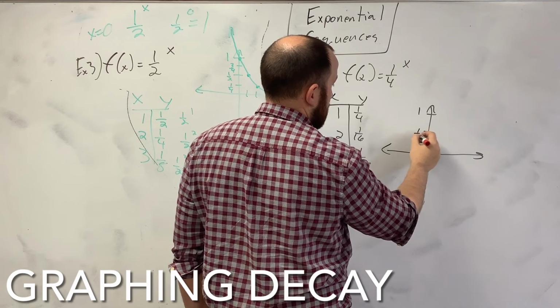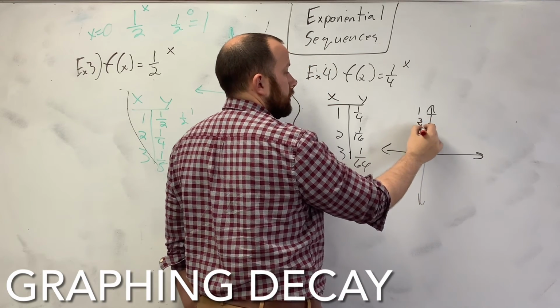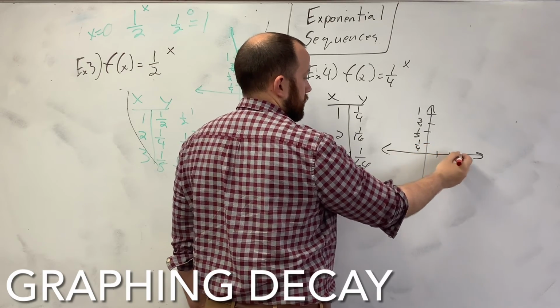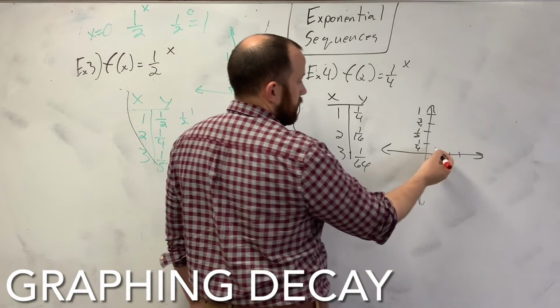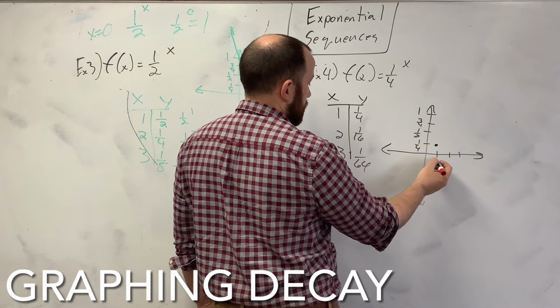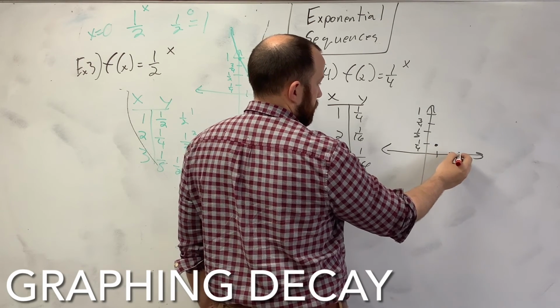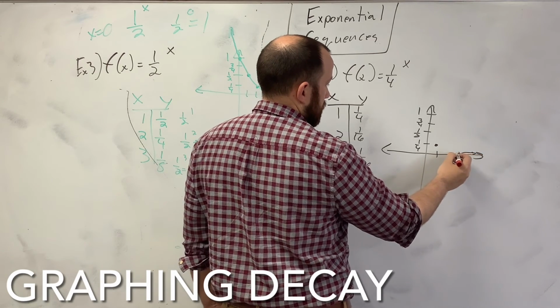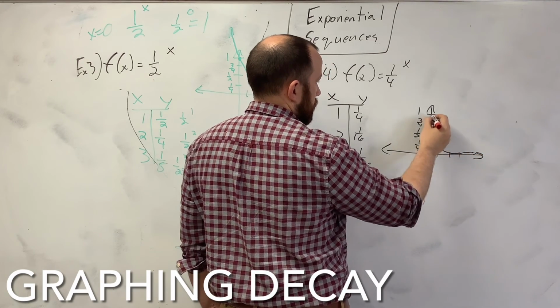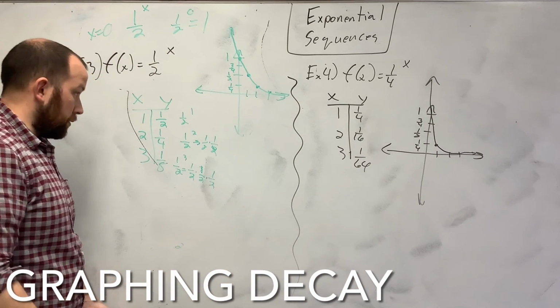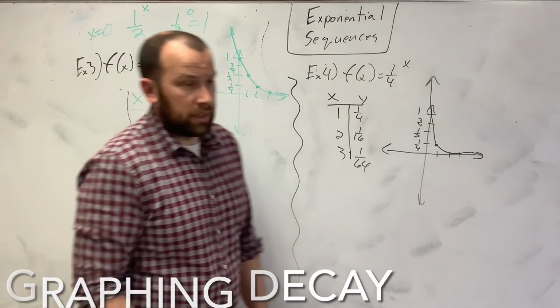I'm just going to graph it kind of the same way I did the other one. It's just going to be a lot smaller. So 1, 1/4, 2, 1/16. There you go. There is your two exponential decay graphs.